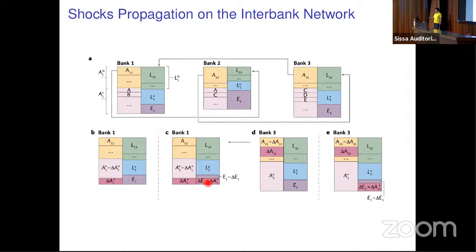The problem is that this reduced equity becomes a reduced asset for bank 3. Bank 3 was the bank lending money to bank 1. If bank 3 wants to sell its loan towards bank 1, this loan will now be worth less, and this effectively reduces the equity of that bank.